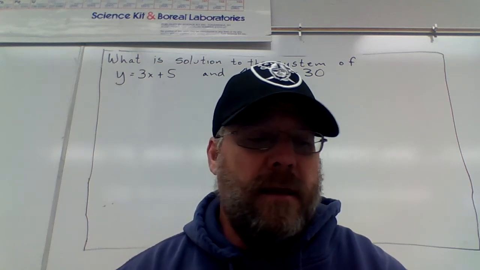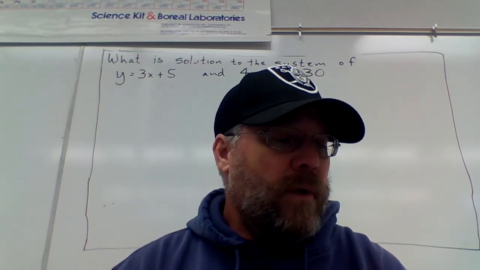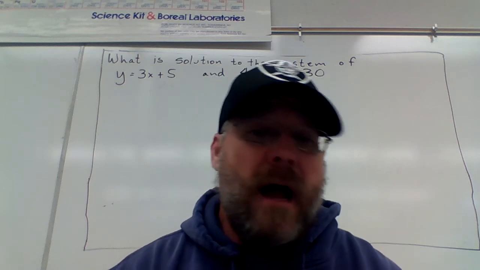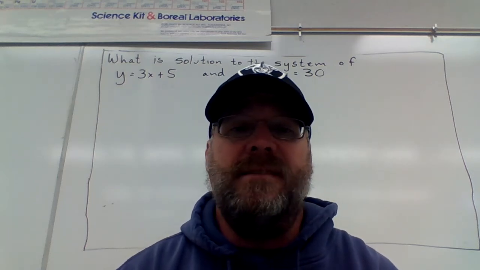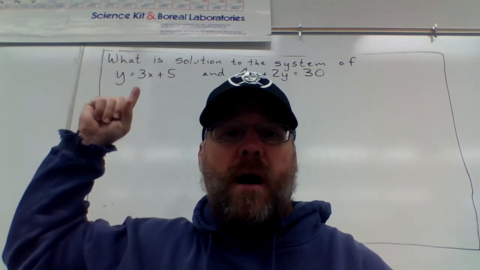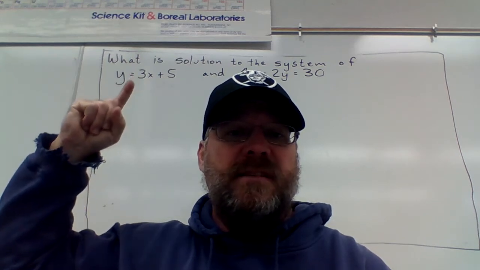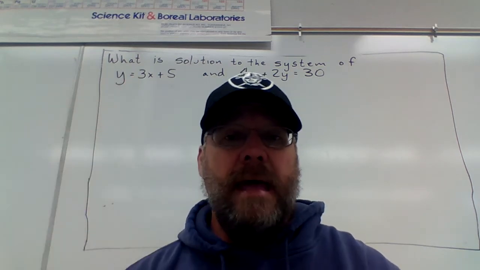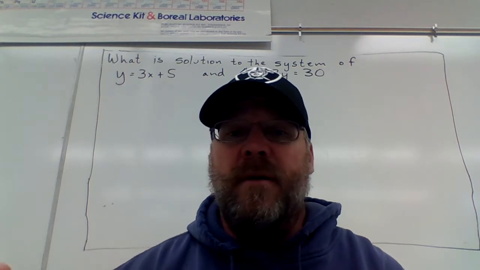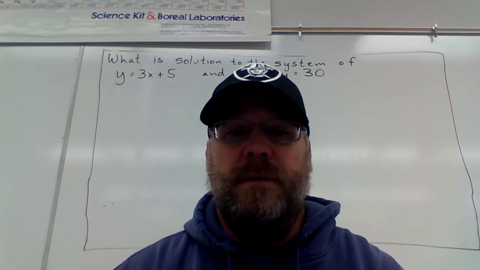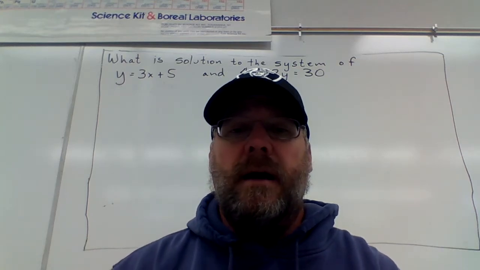Substitution method, I think. And we can always solve for it if it's not given to us. But if I see something like y or x by itself right away, I'm going to be like, wow, I think I should probably do this substitution method.